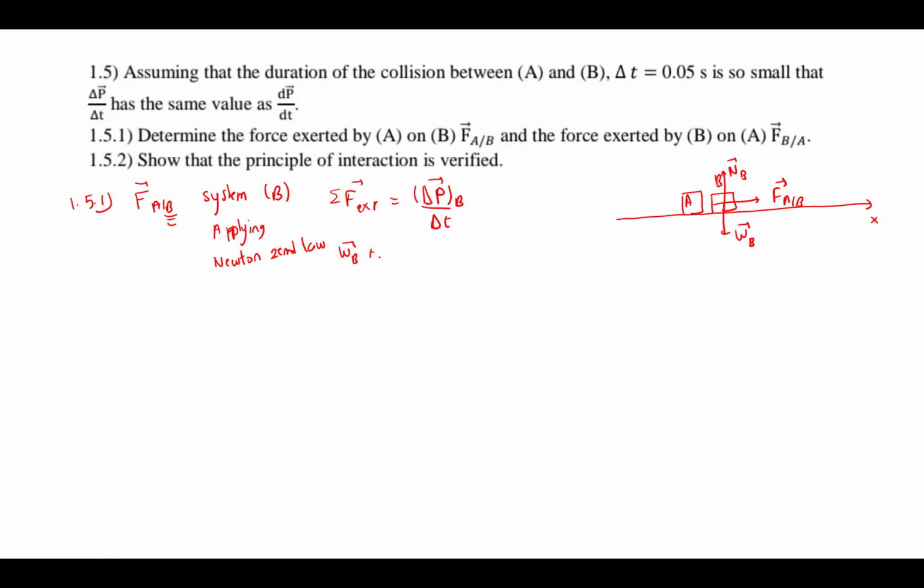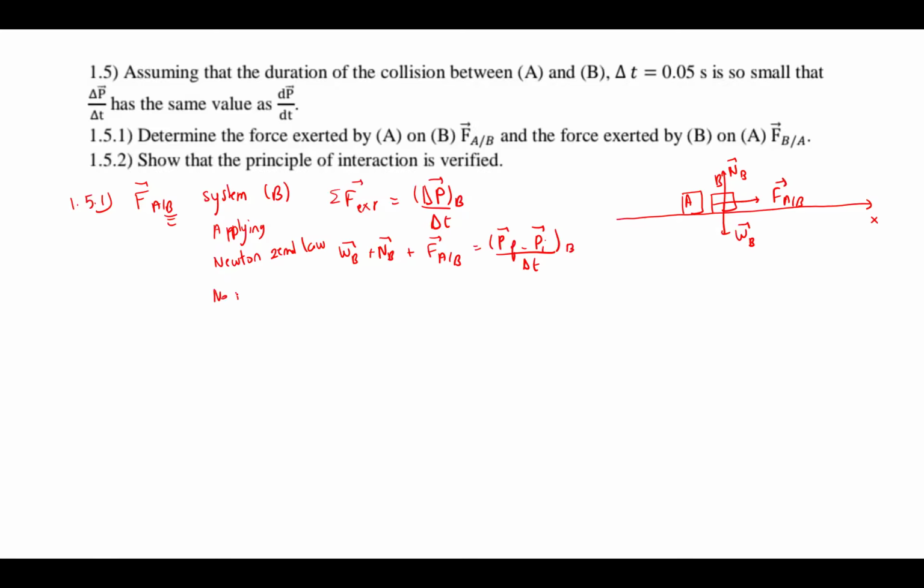We have WB, we have normal B, we have the force done by A on B. Delta P means P final minus P initial. So this means P after collision minus P before collision for B only. And over delta T, so don't forget, I'm taking only the system B.